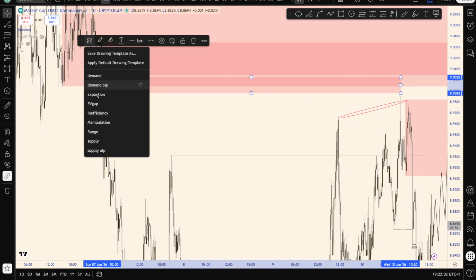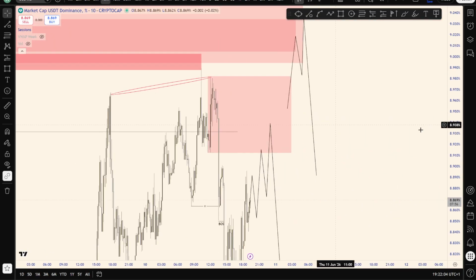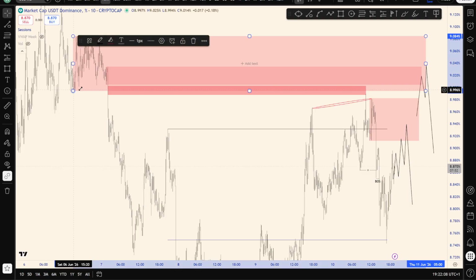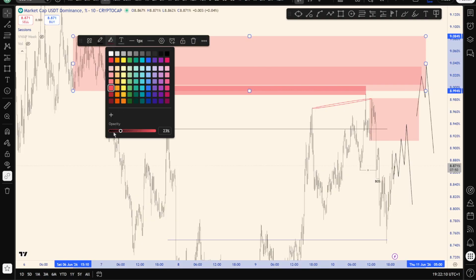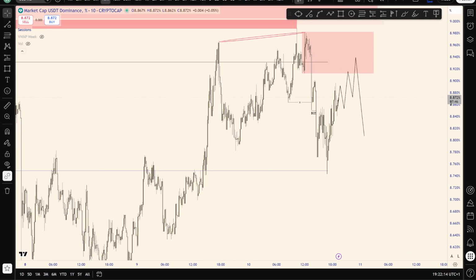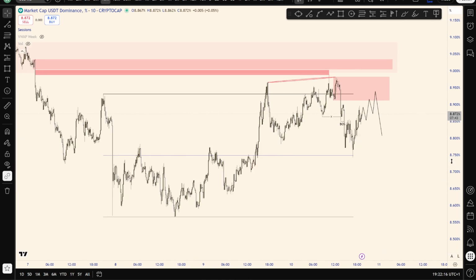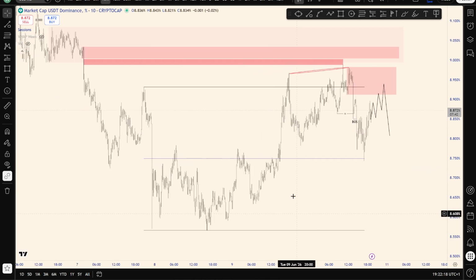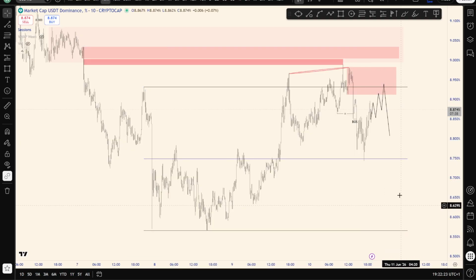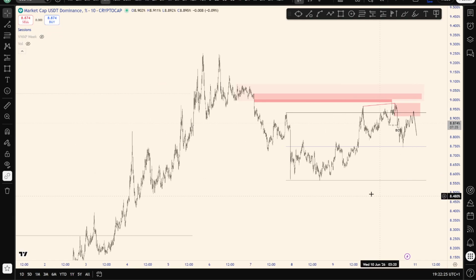Yeah, my fault. Price touched here, and yeah. Okay. So my main idea now is something like that on USDT dominance. We don't know. Scenario is more bearish, I think.